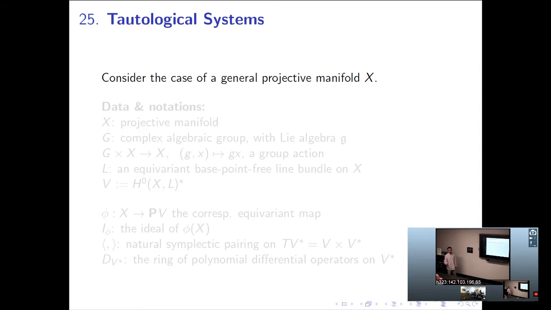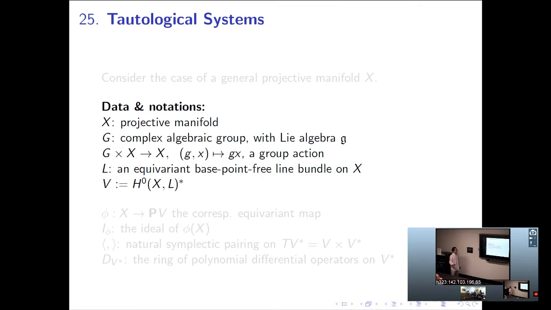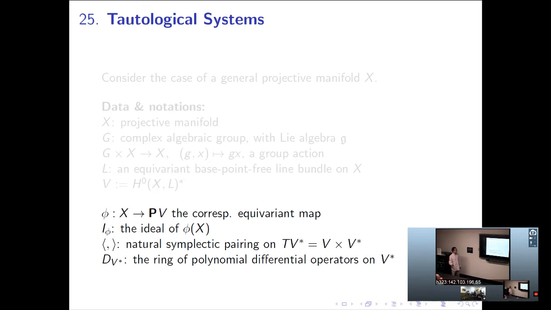So again, I need to fix some notations. So X is now a projective variety, and G a complex algebraic group, with Lie algebra g, acting on X. L is a G-equivariant base point free line bundle on X. And let's denote the dual of the section space by V. So L gives rise to a morphism, we call phi, from X to a projective space PV.